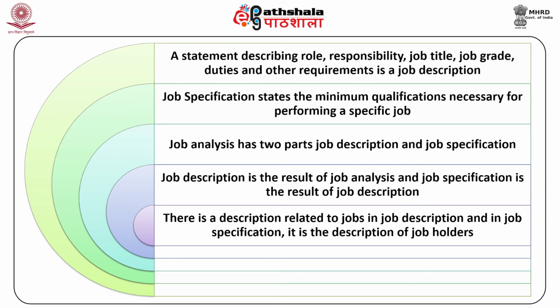There is a description related to jobs in the job description, and in job specification it is the description of the job holders. Job description explains the tasks an employee will perform after being selected in the job, whereas job specification statement shows the qualifications of a person that one must have for being on the job.